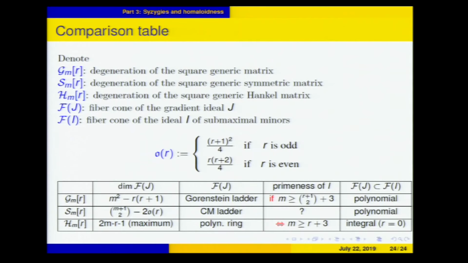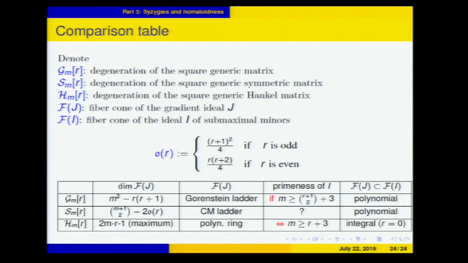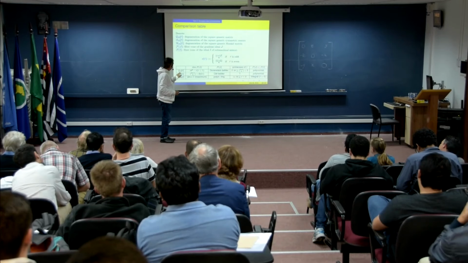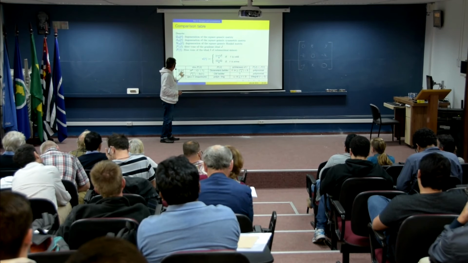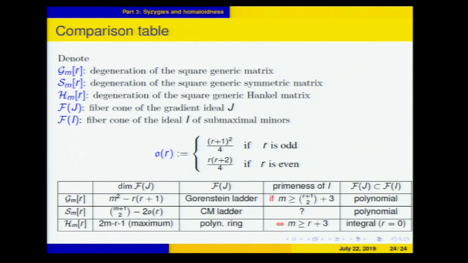This is the nature of the fiber cone. This is whether it's prime or not. And what is the nature of this inclusion? So you see the dimension here for the generic case is m squared minus this. For the symmetric it is this, with this integer. And here's the maximum possible.